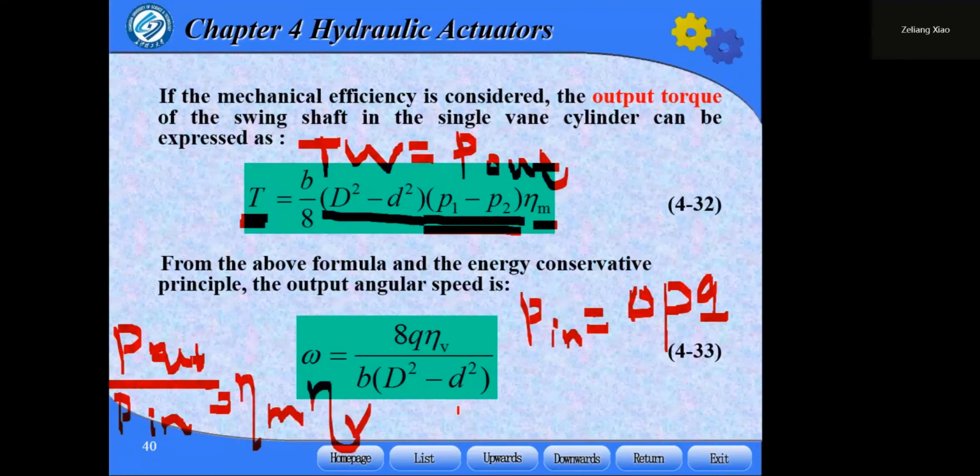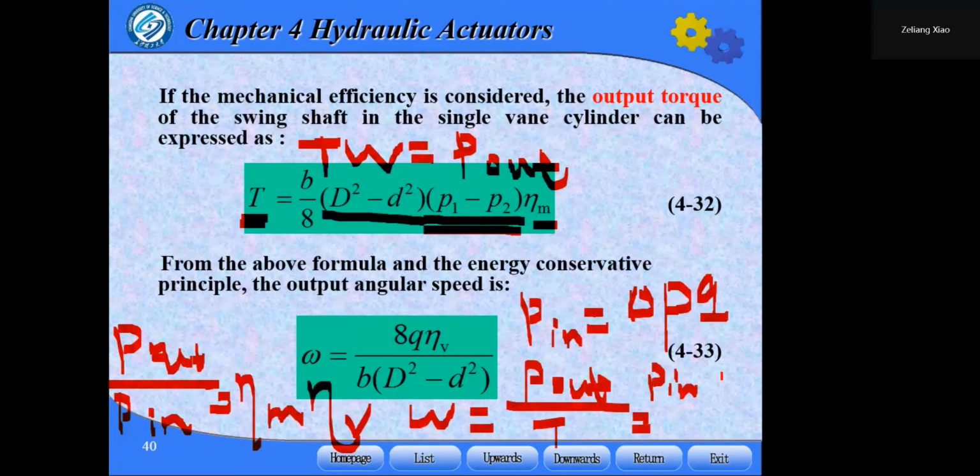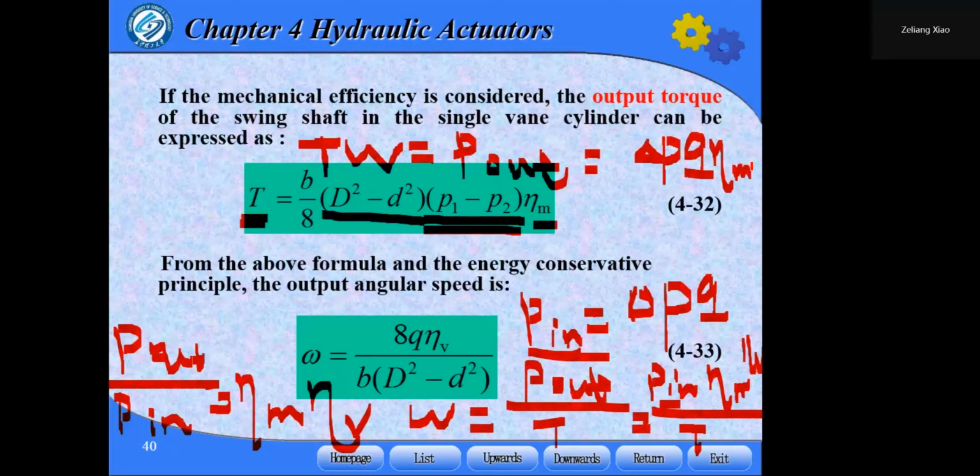So we can get the angular speed omega equals this one.